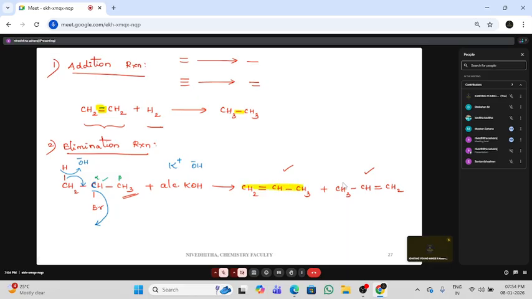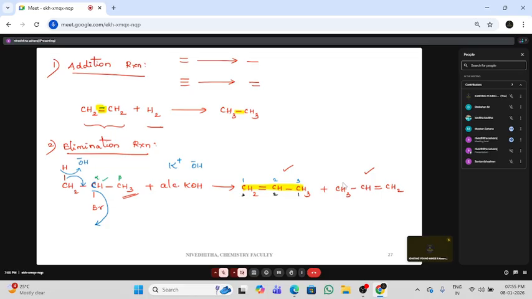After finding the chain, we have to start numbering it. We can number the compound from left to right or right to left. I'm going to number both ways. 1, 2, 3. From right to left, it is also 1, 2, 3. Now we have to decide which is right. Whenever we are numbering and we have a double bond in the organic compound, the double bond should have the least locant.